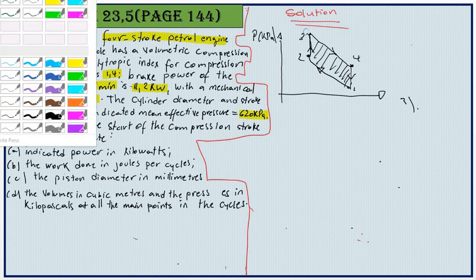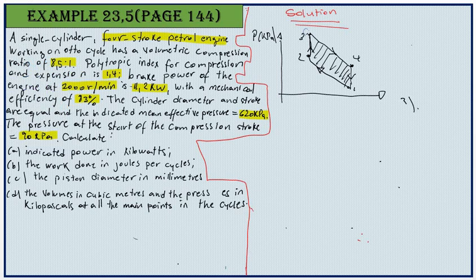So in question B, they want us to determine the work done in joules per cycle.